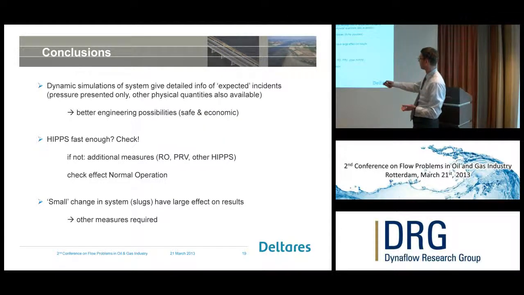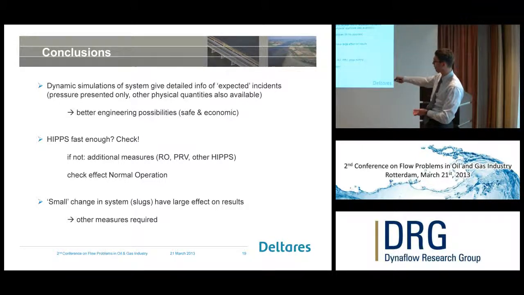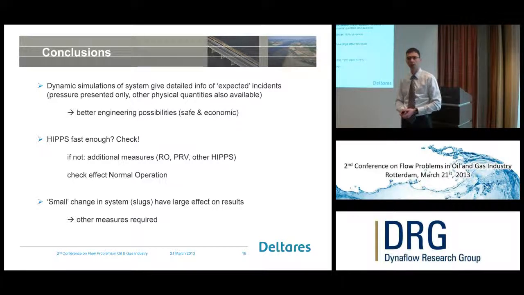And the last thing is you need to check whether your HIPS system is actually fast enough. And if that's not the case, you have to take additional measures, such as a restricting orifice, a PRV, or maybe go for another HIPS. And finally, if you have done this check, then you also need to check, of course, that the normal operation is still not affected too much.